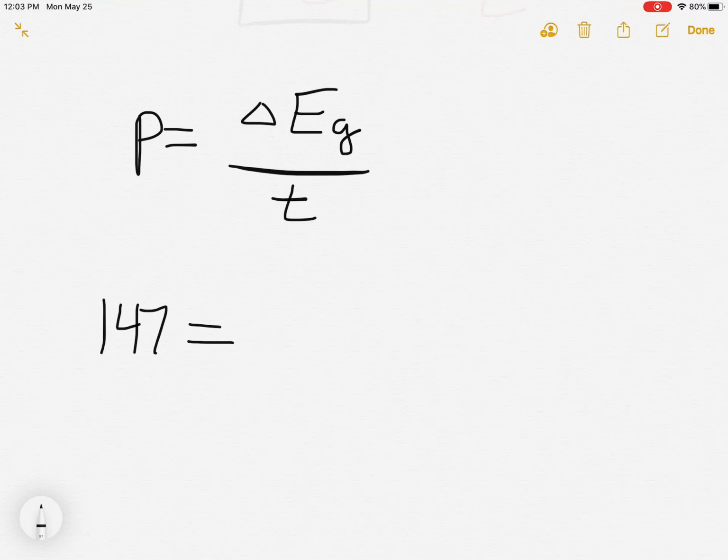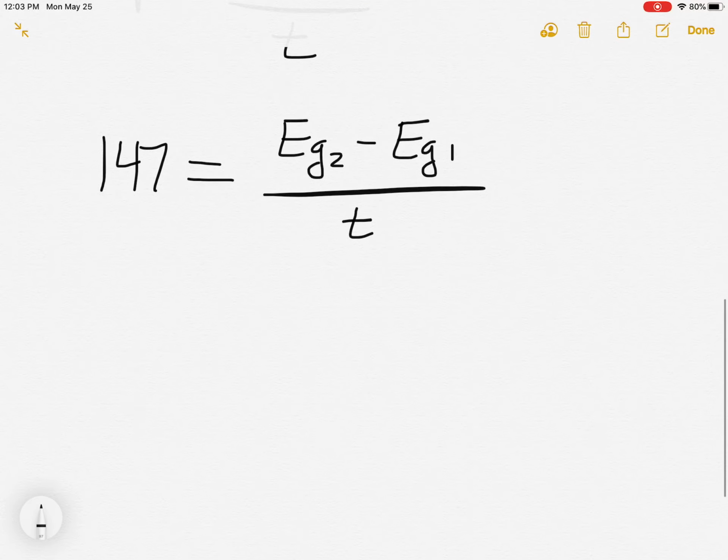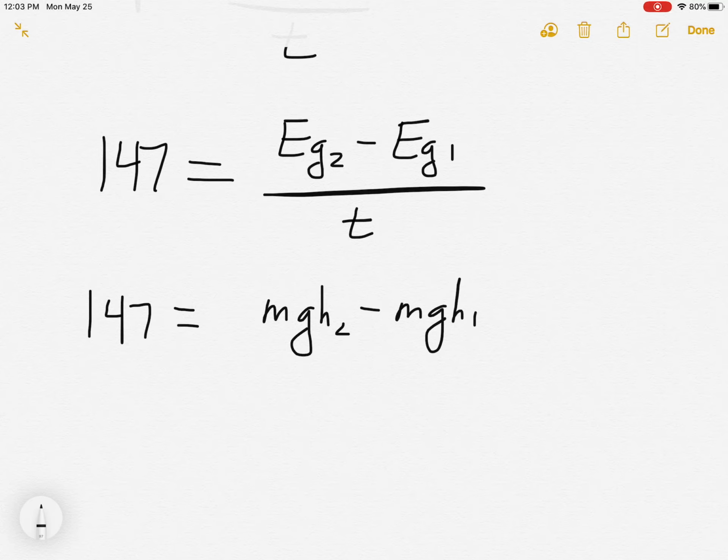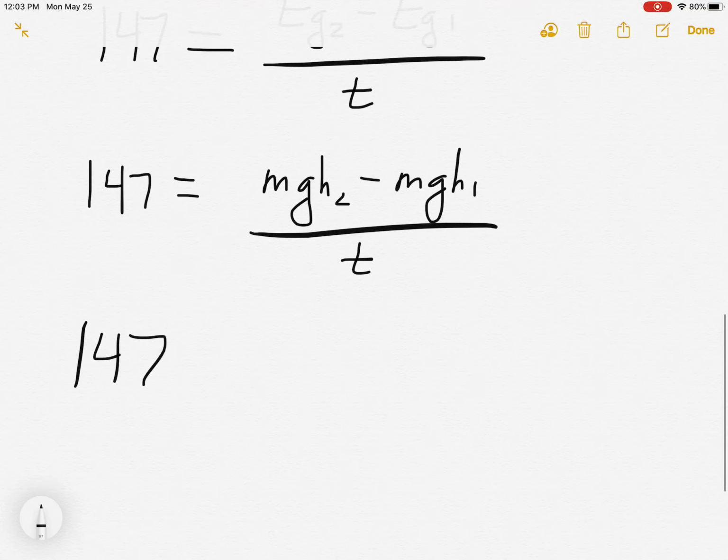All right. So the power is 147 watts that she can put out. And the EG would be EG2 minus EG1, the change in the gravitational energy over the time. And that would be 147 equals mgh2 minus mgh1 over T.